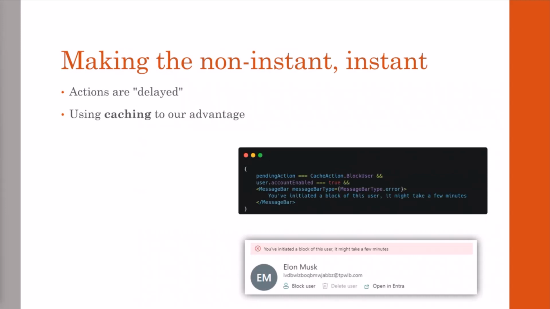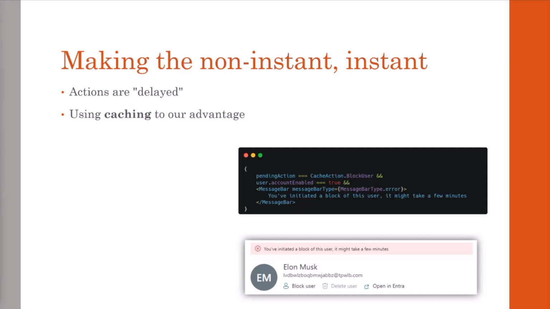And another thing Dan showed, this pop-up that you have initiated a block of a user. So we were trying to make the non-instant instant. A lot of the actions through the APIs are delayed, so we tried to use caching to our advantage.